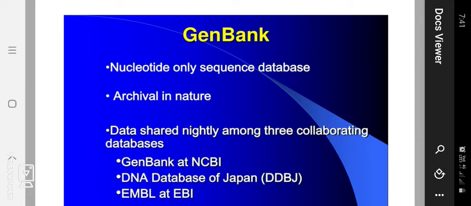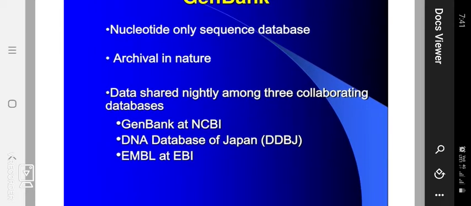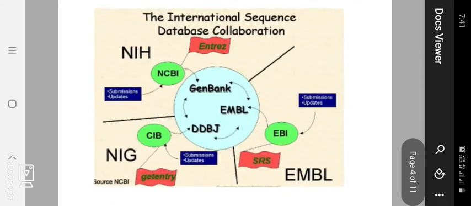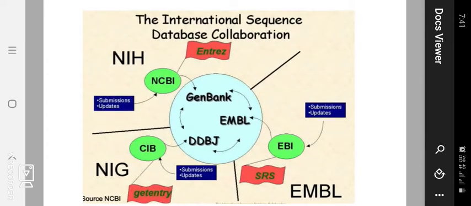Number one is GenBank at the NCBI, DDBJ, DNA Data Bank of Japan, and finally EMBL at EBI, European Biological Institute. These are the full architecture of the International Sequence Database Collaboration.